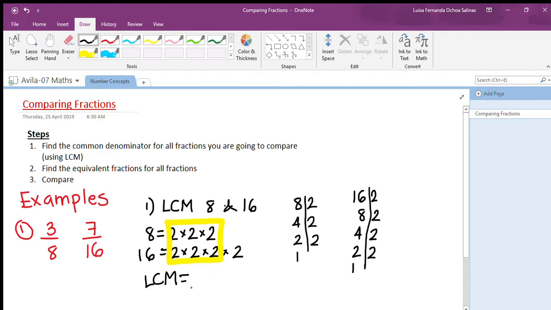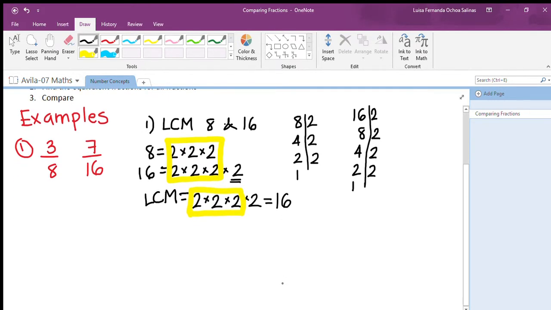So I'm going to do 2 times 2 times 2. And this one I have to write as well, times, because we have to do common and not common. So these ones are the common ones, and this one is the not common one. Therefore, the lowest common multiple between 8 and 16 is 16. Perfect. So we have our first step there.